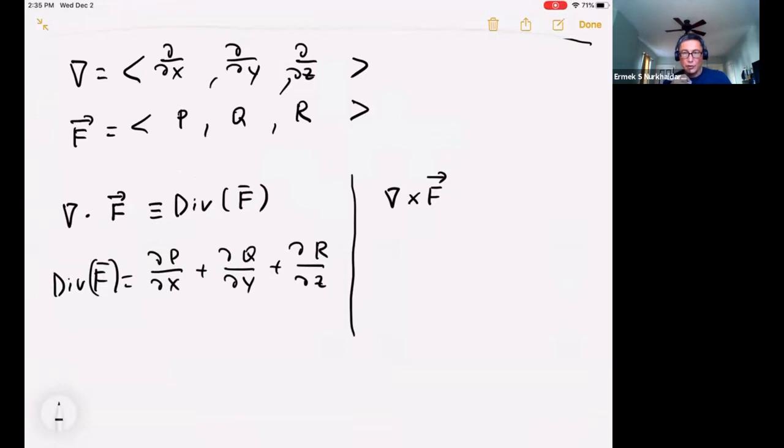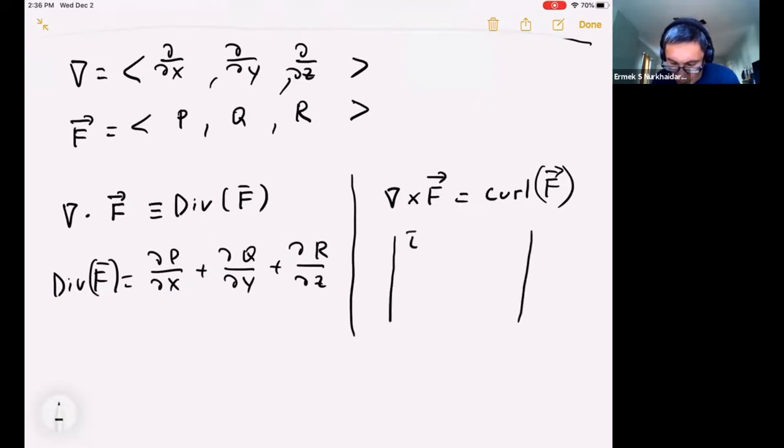If we take the cross product, that is going to be called curl. To calculate curl, if you're comfortable with three-dimensional determinants, we're basically going to calculate the following determinant.